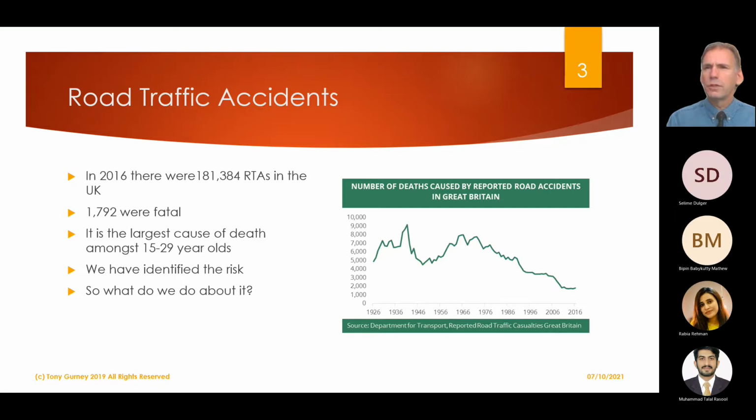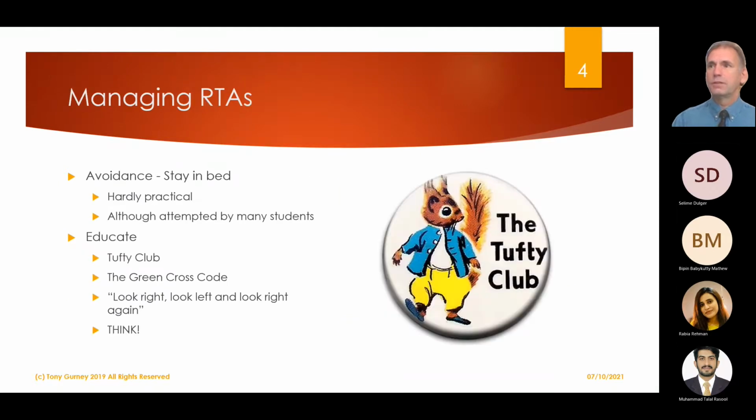So we know that there's a risk. We've identified the risk. The question is, what do we do about it? Now, we could just say, not having that, I'm never going to leave the house again. In fact, I'm just going to stay in my bed.